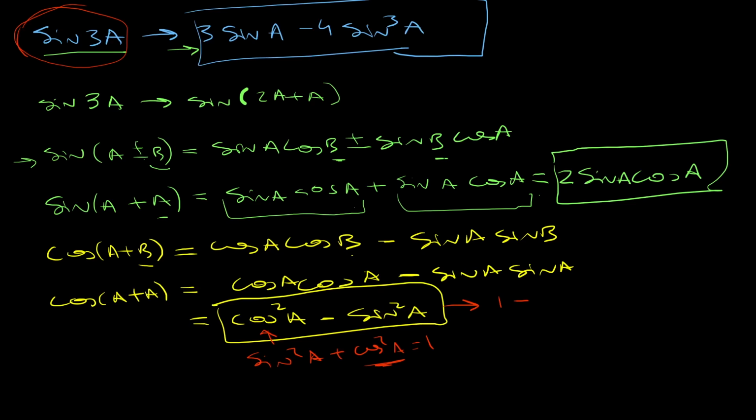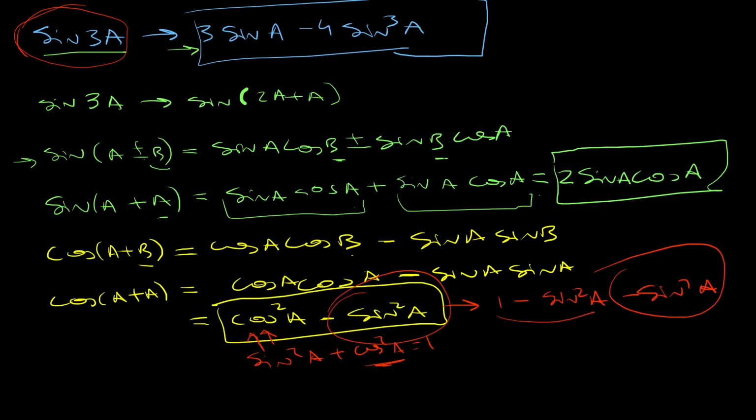So we have 1 minus sine squared of a minus sine squared of a. This is the second term, the sum term here. So we change this one to 1 minus sine squared of a, but we still have this one to take care of. And because these two terms are the same, now we have 1 minus 2 sine squared of a. So this is the second one.